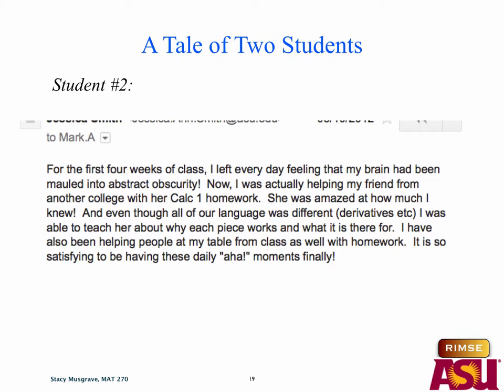I've also been helping people at my table from other classes with homework. It's so satisfying to have these daily aha moments finally. Okay? You don't have to send me this email, although it's always nice to hear these things, but if you have this type of experience, I have achieved all I need to achieve in life. It's a beautiful thing.